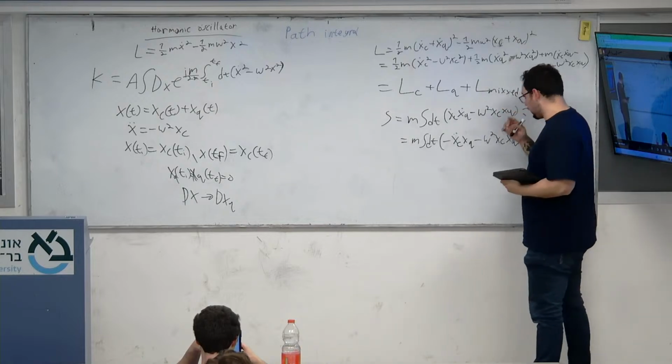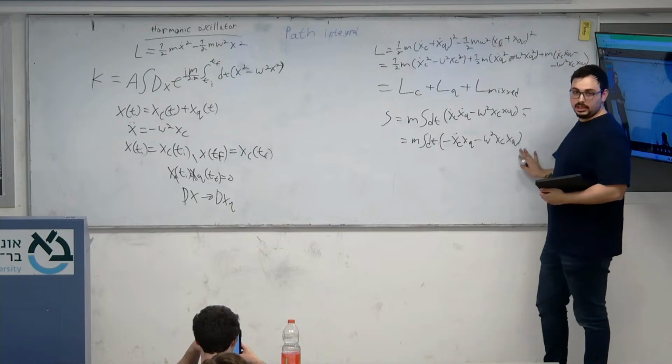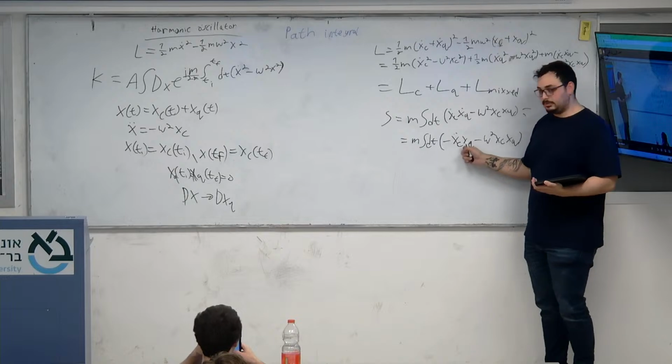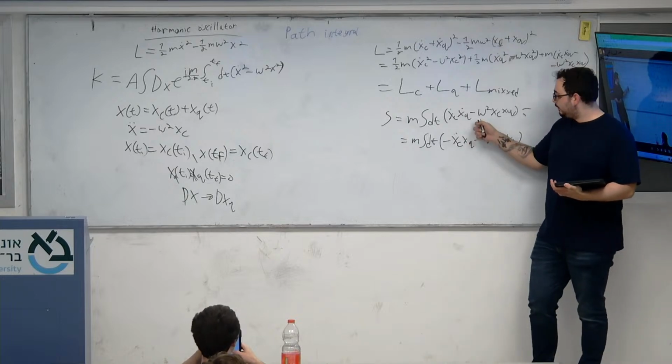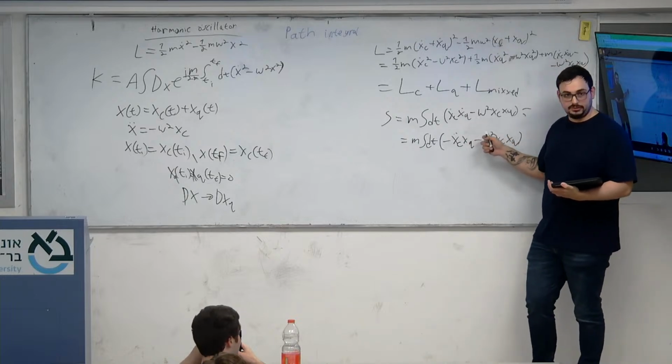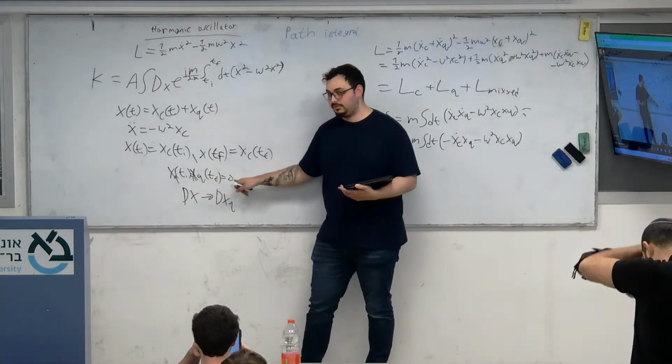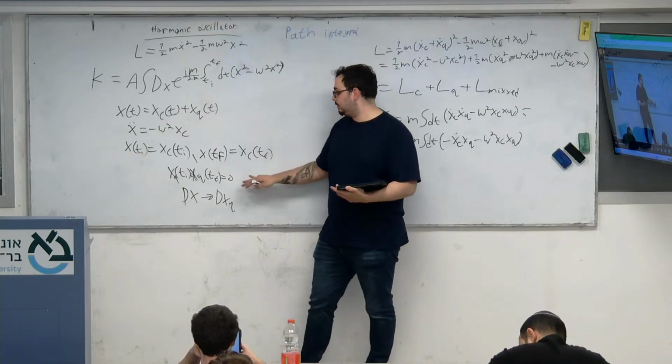Notice that I neglected the boundary term, but the boundary term will take xq from ti to tf, and we know that xq at ti and tf is both 0. So the boundary term will immediately be 0.